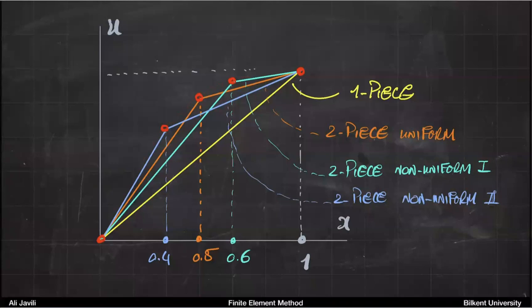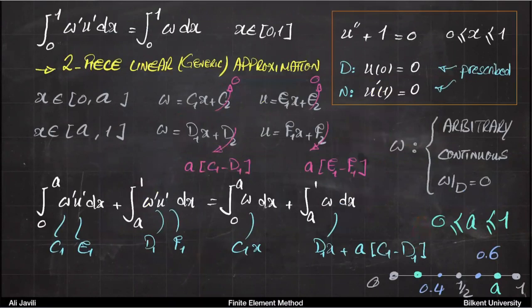Now that we have done one piece, two piece uniform, and two piece non-uniform 1 and 2, you can of course keep playing this game for many other non-uniform two pieces. But then we thought, why don't we just make it generic?